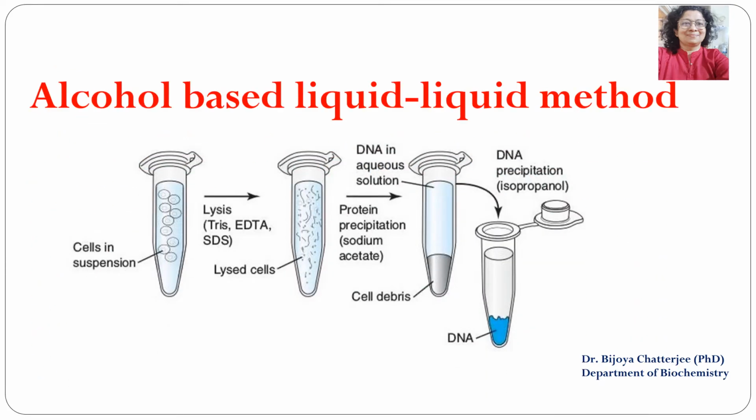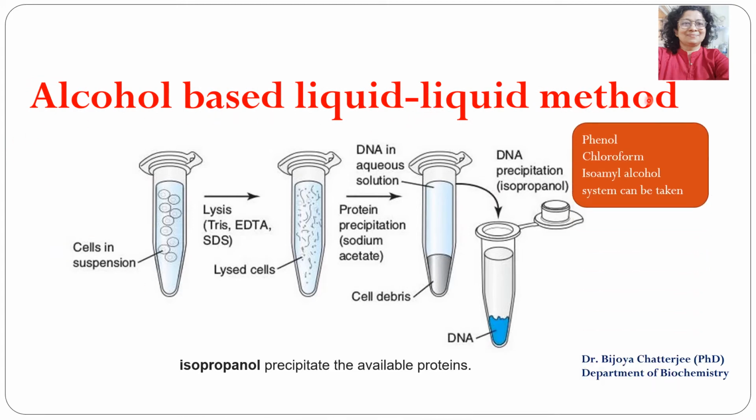Today we will discuss the alcohol-based liquid method, which is most commonly used in laboratories for students. After the cell is suspended and lysed, and the proteins and DNA are outside the cell, we have to add various reagents to purify the DNA.